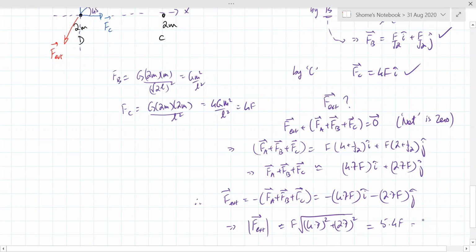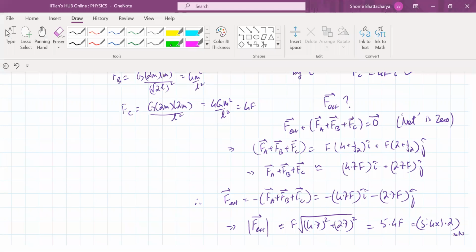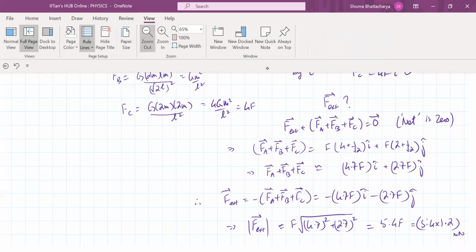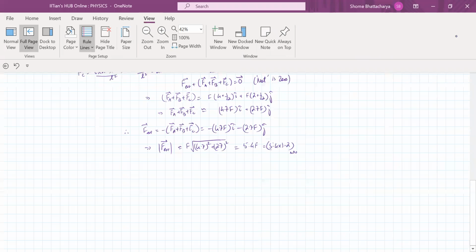So this is the situation of the body C, and again C and D will be symmetric. So whatever is the magnitude of the net external force on C, similar thing will be happening to D also.